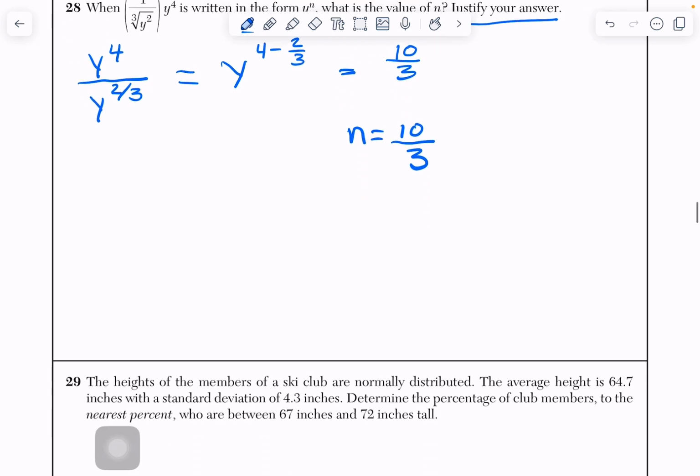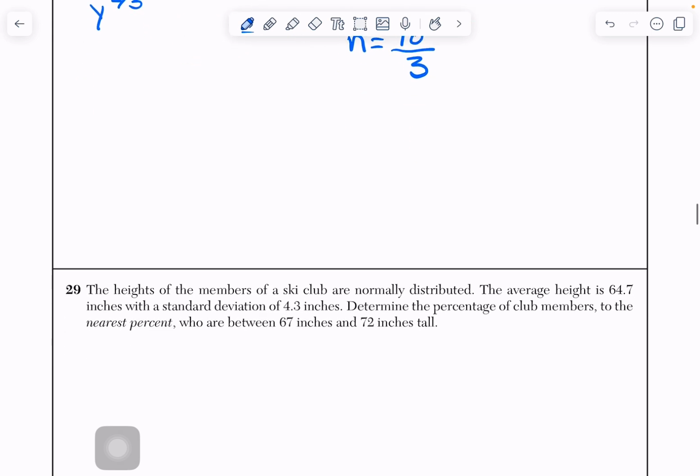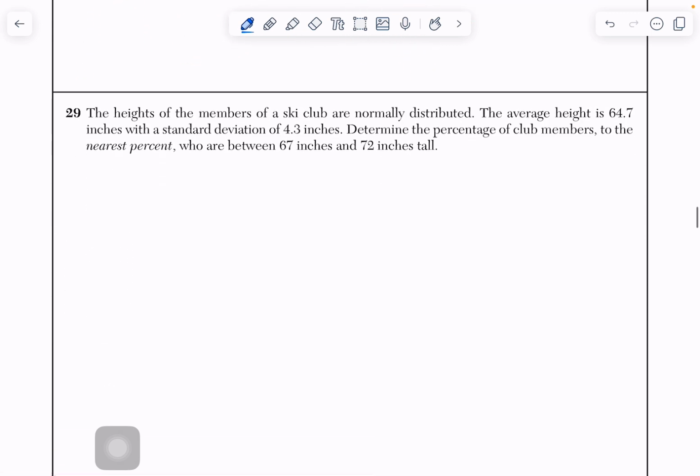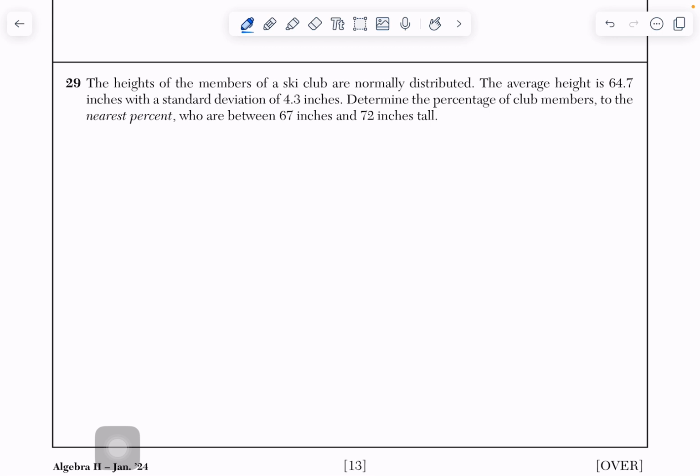All right, so I did a little research on this normal distribution stuff, and it was really simple on the calculator. So I want to do this one, and I want to go back and do another one from the very first test in the green book. So let's look at this.